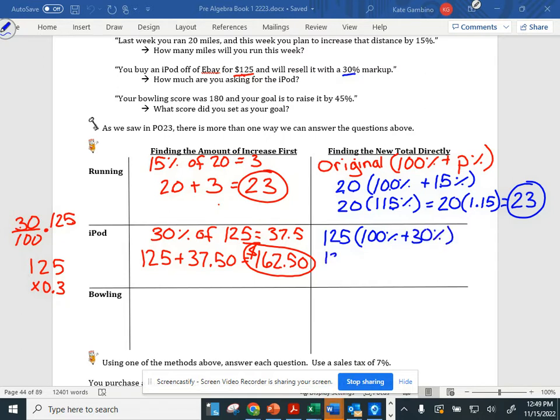So that's saying 125 times 130%. What's another way of saying 130%? That's easy to work with. Gus? 1.3. So I'm saying 125 times 1.3.